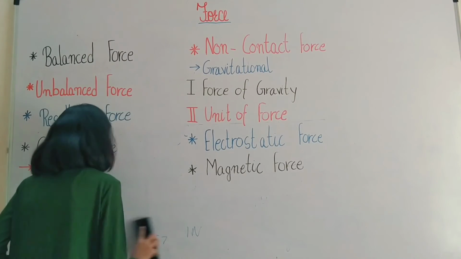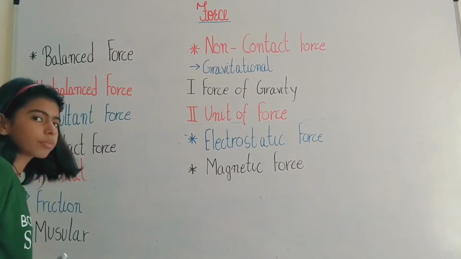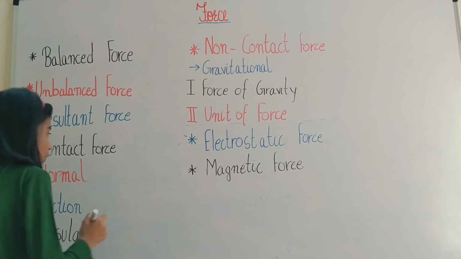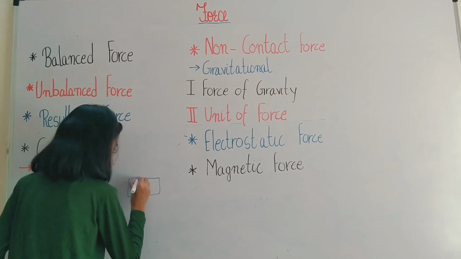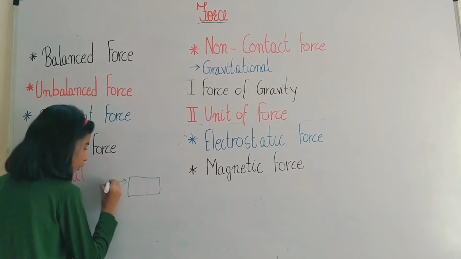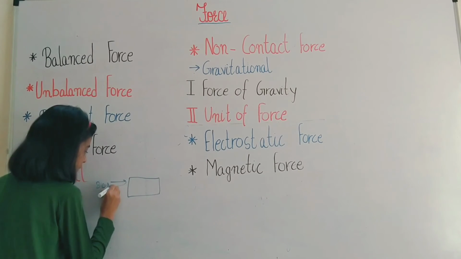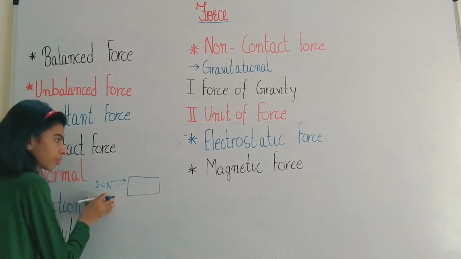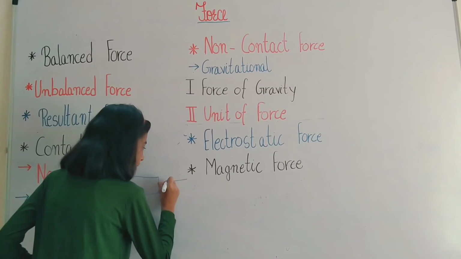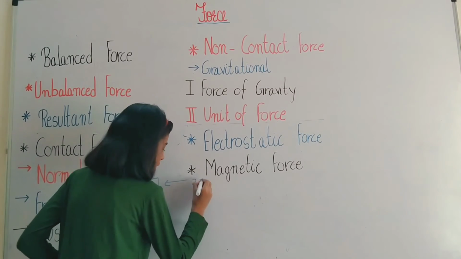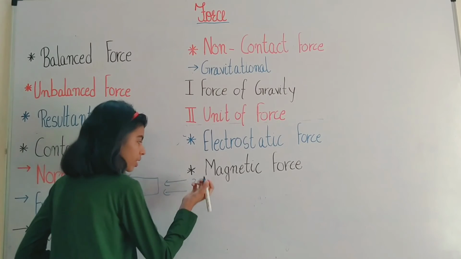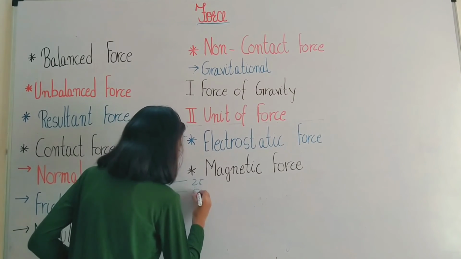So friends, the next question is that you applied a force of 80 Newton from this side, and your friend applied a force of 25 Newton, and another force of 55 Newton is also applied.